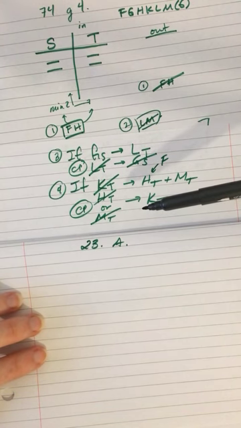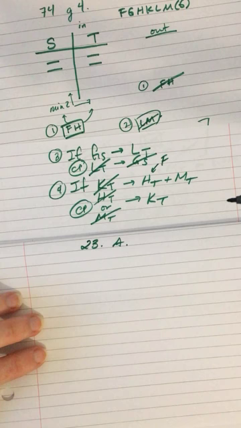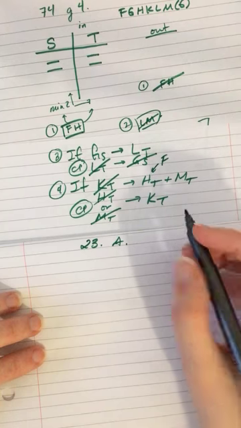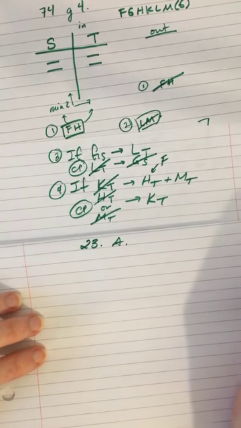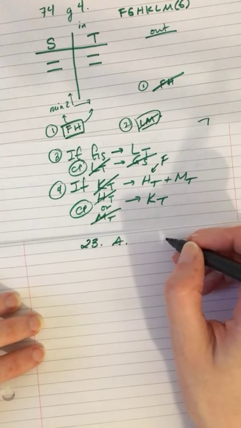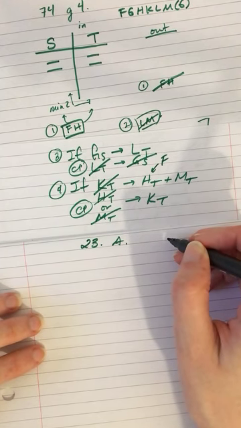Also, A doesn't work because of the consequence. When they say then H and M cannot both be assigned to that ceremony, if I were to write that out, H and M cannot both be assigned to S, that would still leave open the possibility that one of them is.